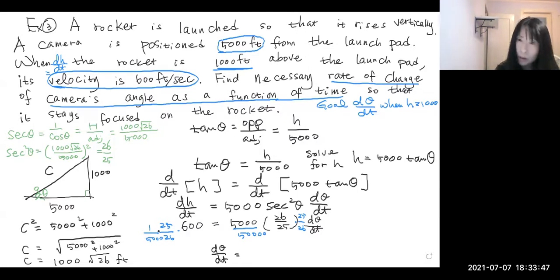So let me use a book. So we have, let me see, 3 over 26. Okay, so the unit is radians, because we talk about the angle, okay? Radians per second, because time, okay?